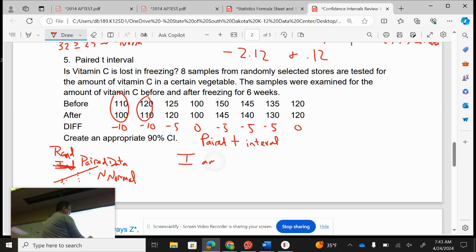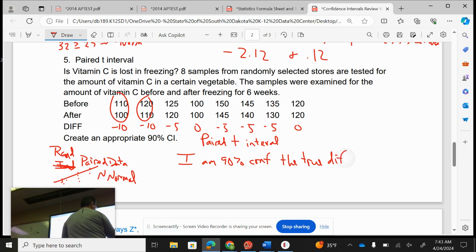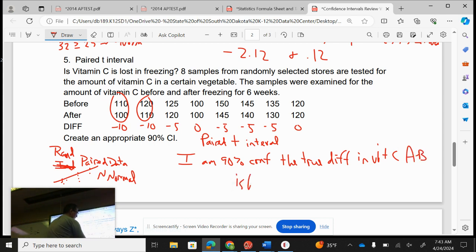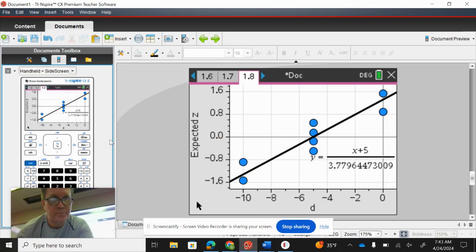I am 90% confident the true difference in vitamin C, after minus before, is between, then it gives us a couple numbers. We're going to use the stats.